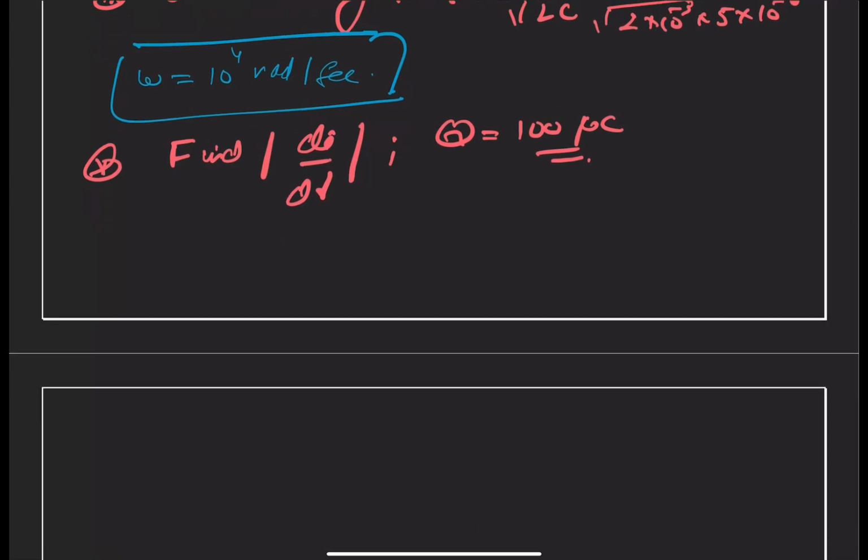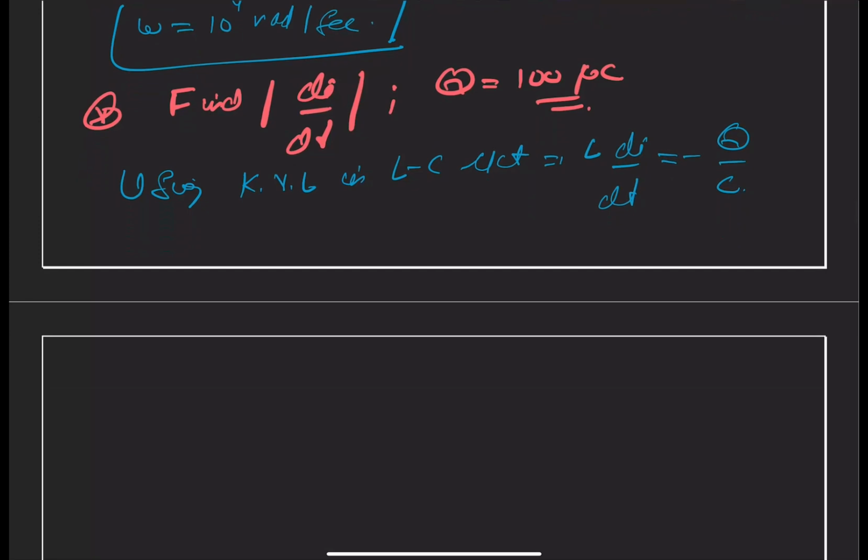Using Kirchhoff voltage law in the LC circuit, we get L di upon dt equal to minus Q upon C.